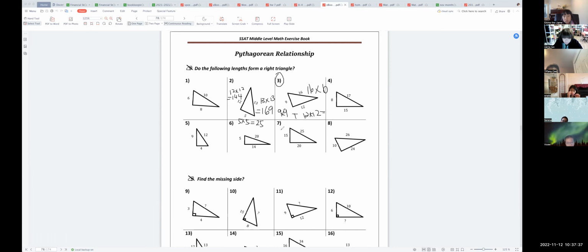This is something you can practice at home, but let's try to find the missing side. So 3, 4, and what? How do we do this one? I want you to try to do it yourself. Do we send it to you in the chat? Yes, please.